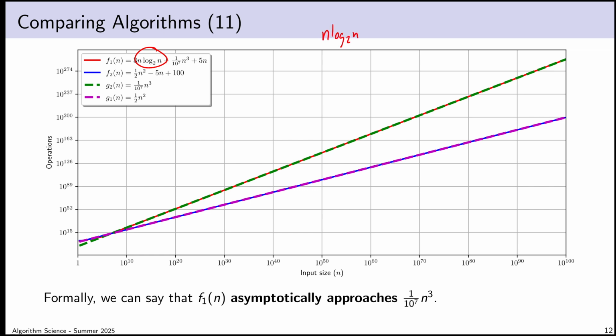N times log n, we know that log n is less than n. Log n grows more slowly than n. I'm saying this very informally. Then we could say, in quotes, n times log n is less than or equal to n squared. And then n squared is obviously less than or equal to n cubed for positive numbers. And that means that it's reasonable to say this is probably the highest order term.